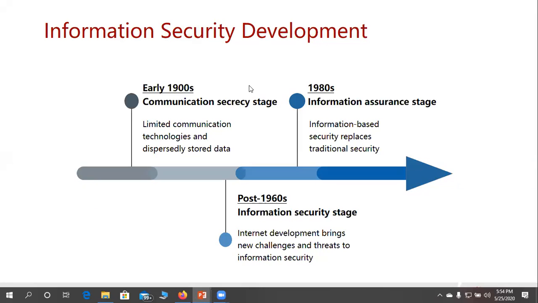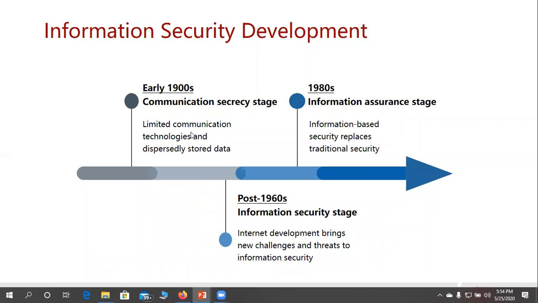Information security development. So this is the development of information security. You can see it started in the early 90s, and this was called the communication secrecy stage. During this time there were limited communication technologies.